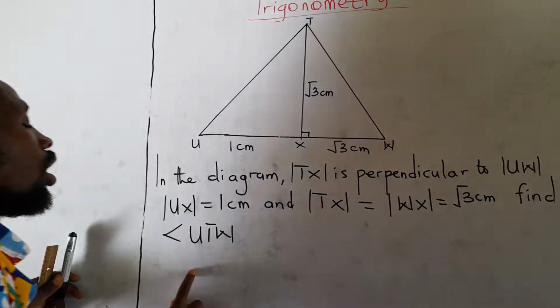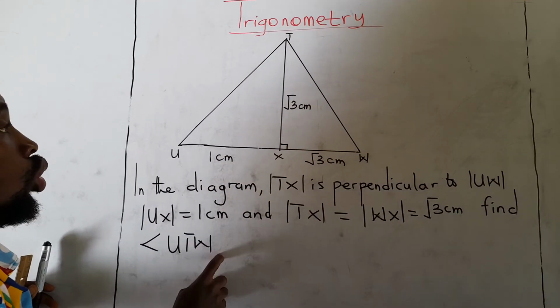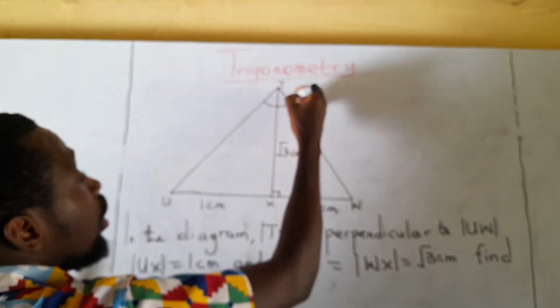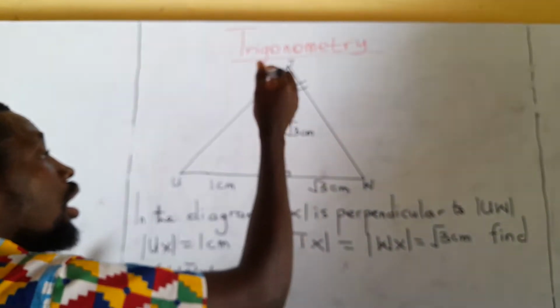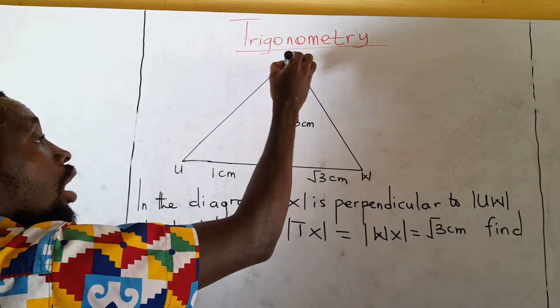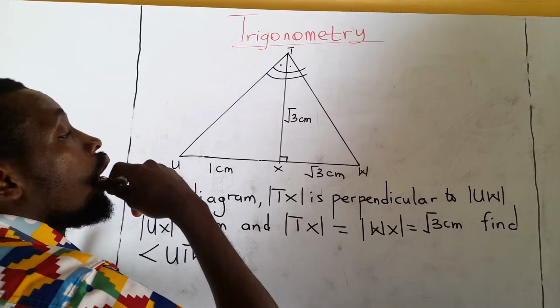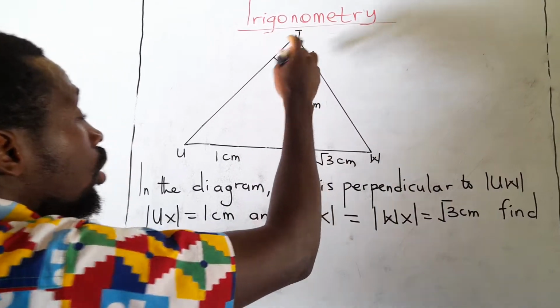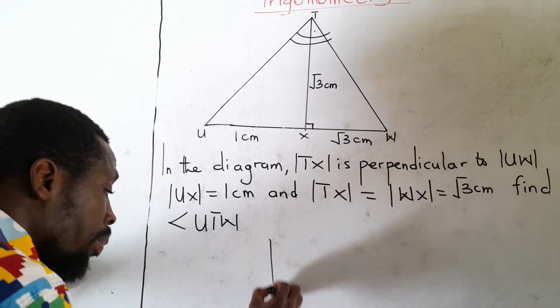We should find the angle UTW. So they are asking us to find the angle here. So we can say that if we add this angle to this angle, we'll get the angle there. So we can redraw this diagram to look like this by splitting it.